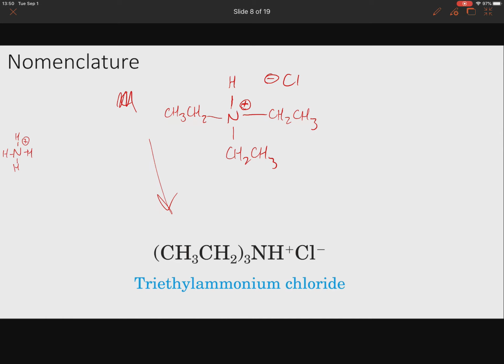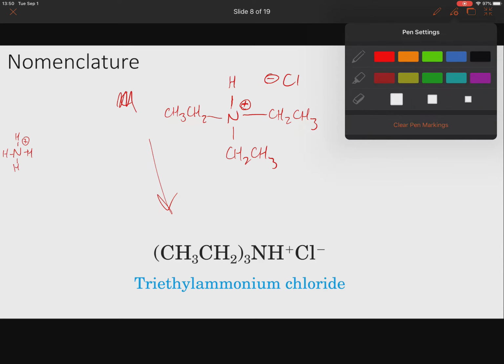So the name comes from that nitrogen compound. So amine becomes ammonium, or aniline becomes anilinium, or pyridine becomes pyridinium, pyrimidinium, okay? We change it in that sense. And then we add the name of the anion. We say chloride. So let me give you a couple more.